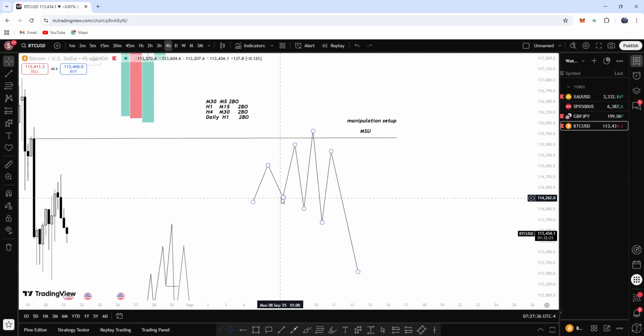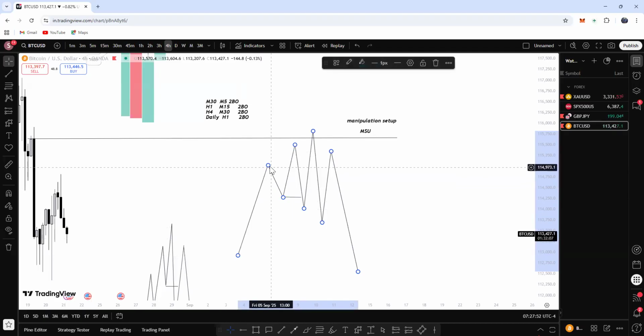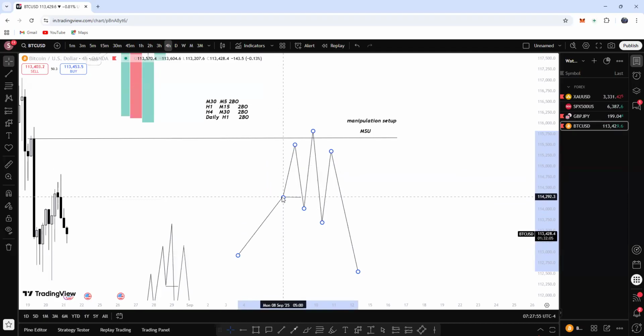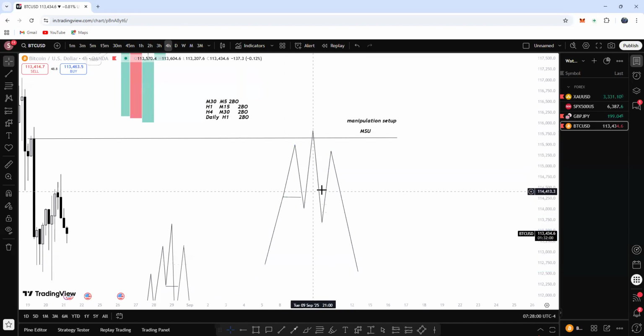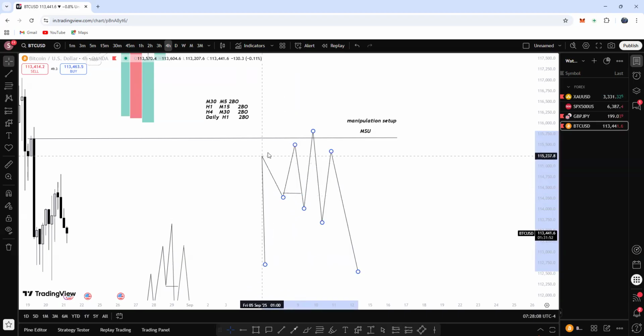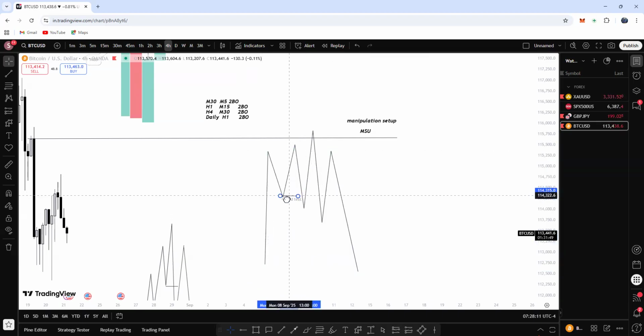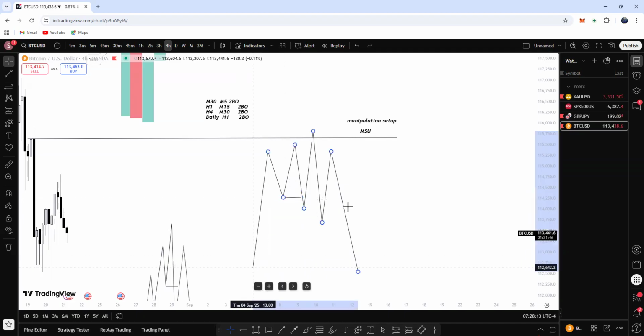They first took out the low. Mm, no, I guess I made a mistake here. Okay. They took out the low.